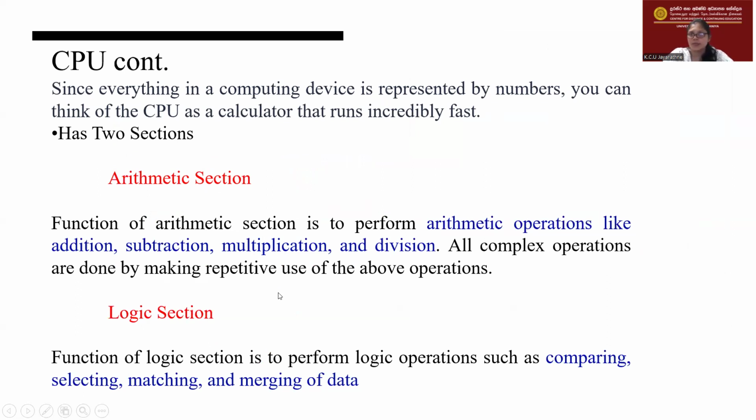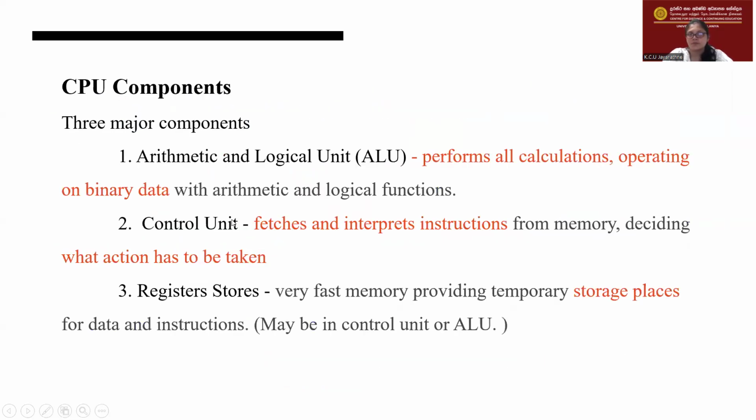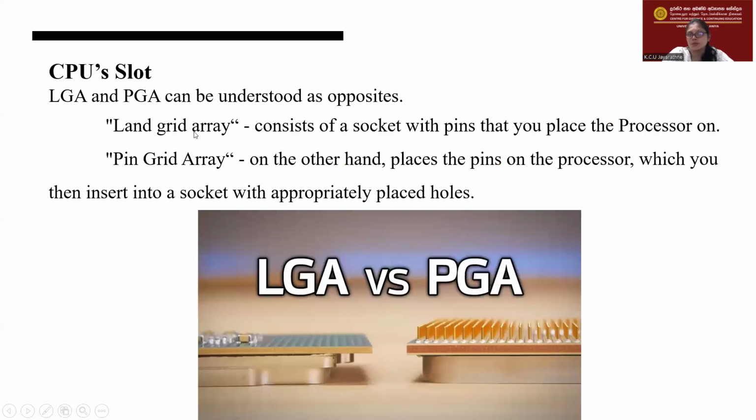We already explained that. What are the three main components in the CPU, and what are these two sockets, LGA and PGA, and how do they differ? LGA has the pins in the socket, whereas pin grid array has the pins in the processor. That is the main difference.